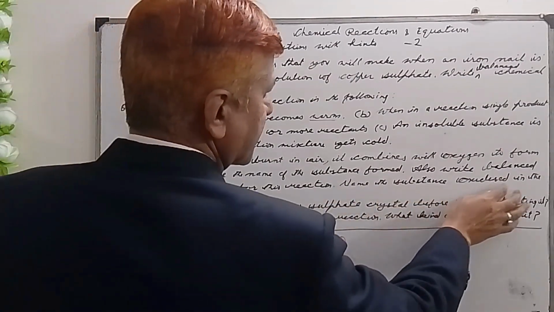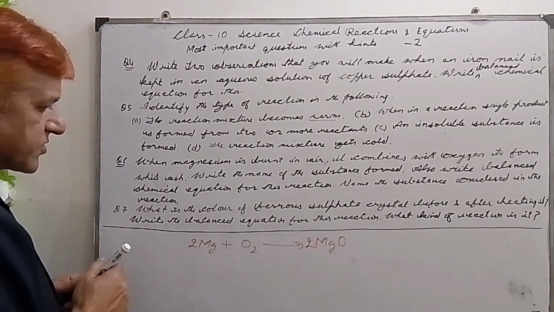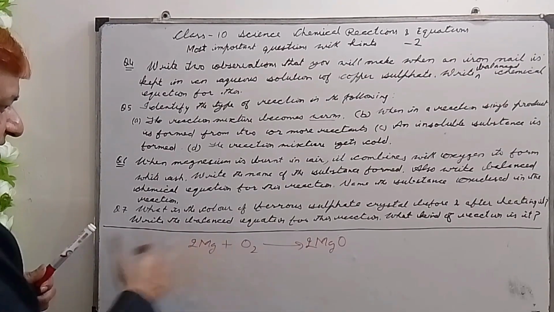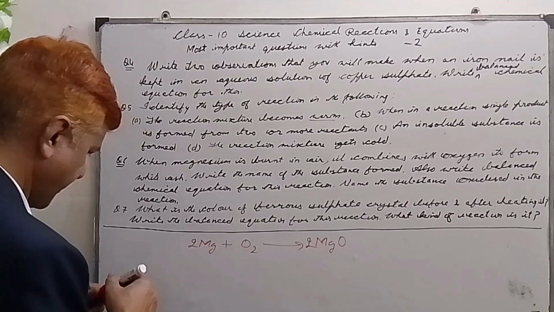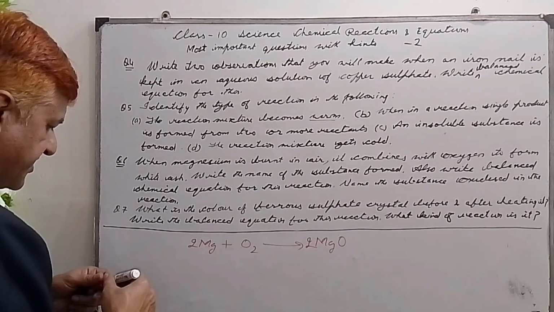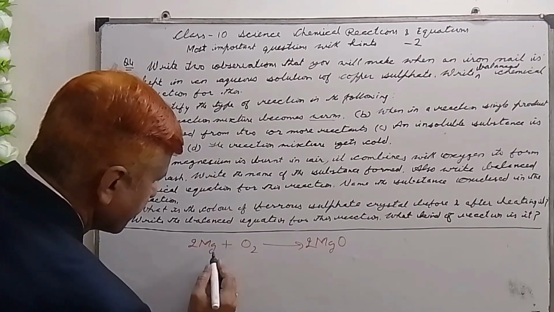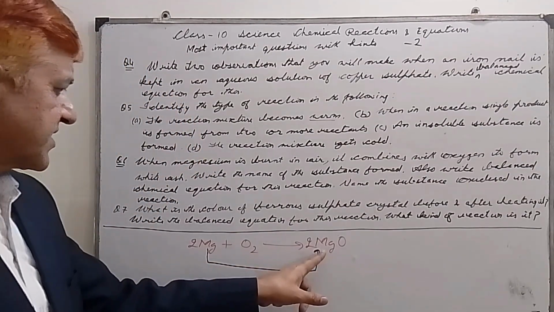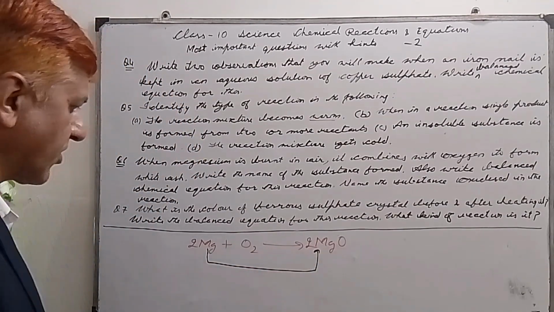Name the substance oxidized in this reaction. So you have to first identify the oxidation in this reaction. My dear students, magnesium, if you see this, oxygen is getting added. So this is oxidation.